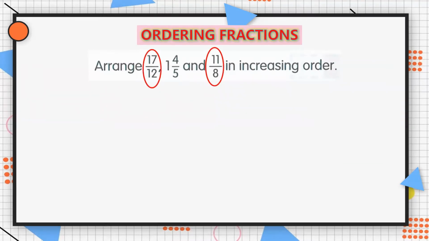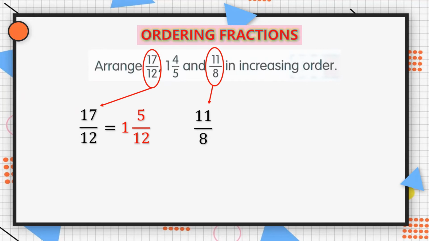We need to convert them first to mixed numbers so we could compare the whole numbers. 17 over 12 will be 1 and 5 over 12 in mixed number. 11 over 8 is 1 and 3 over 8 in mixed number.